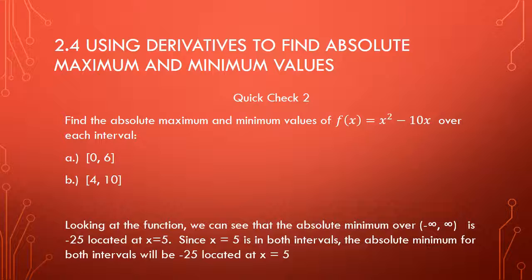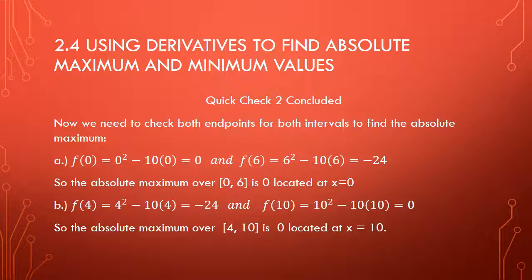It's concave up, it opens up, and so it has an absolute minimum, and that's going to occur when x is 5. We're shortcutting it here a little bit. 5 is in both the interval from 0 to 6 and 4 to 10. So the absolute minimum at both of those is going to be -25 located at x equals 5.